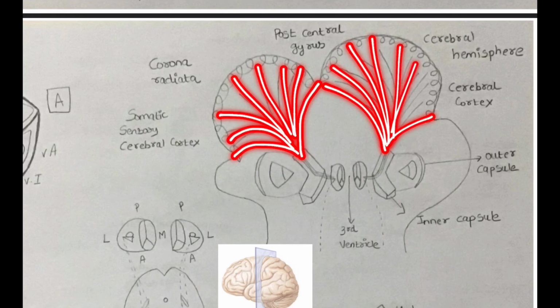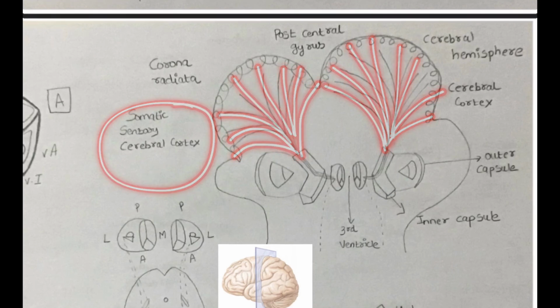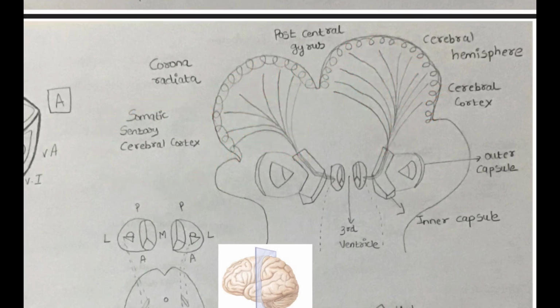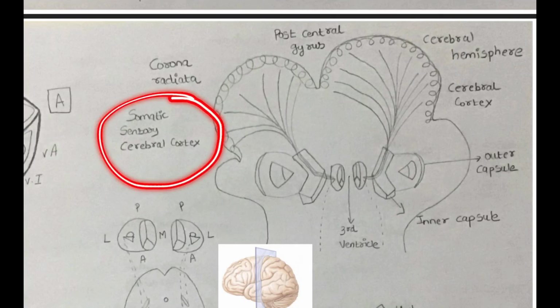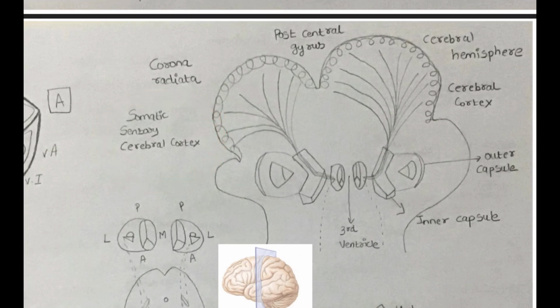So here in the somatic sensory cerebral cortex, the information carried by the sensory nerve fibers is analyzed. The information is compared with present experience and past experience, and the quality of the sensory experience is also analyzed.